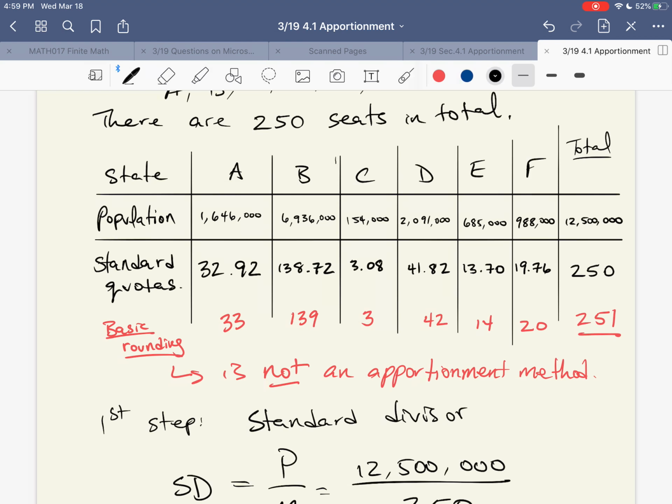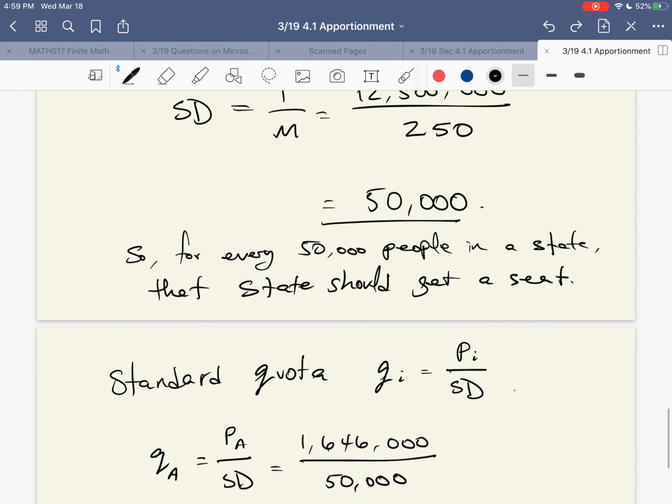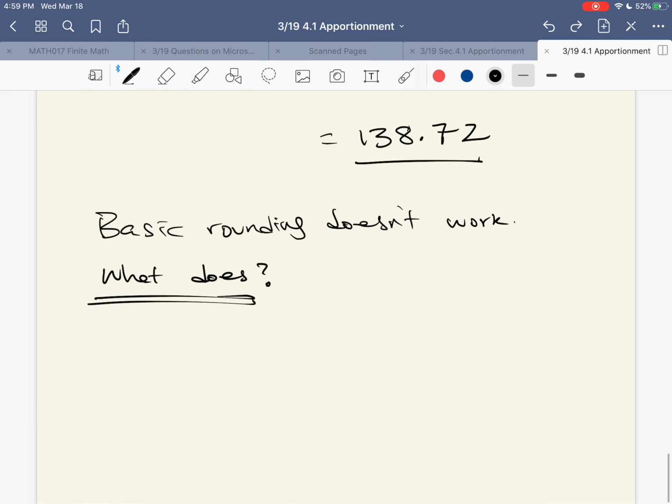What other method might you use to make sure that everybody gets a whole number of seats, which is close to their standard quota, but make sure that they always add up to 250? I will answer that question in the next installment. So, tune in to section 4.2 next episode.